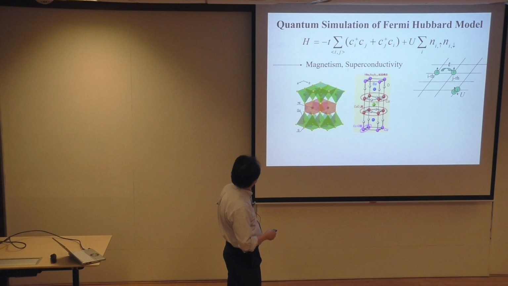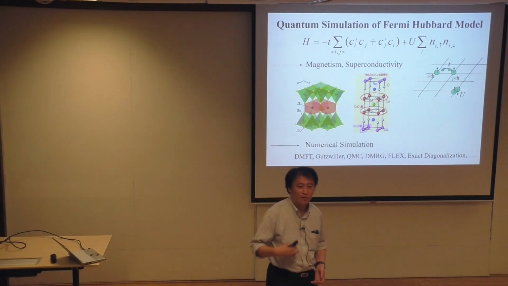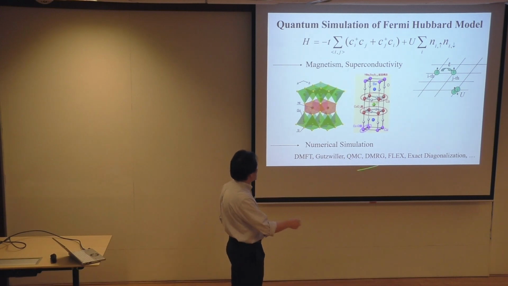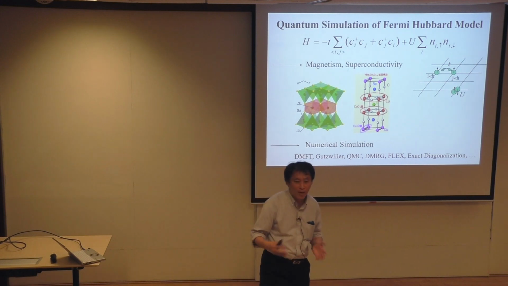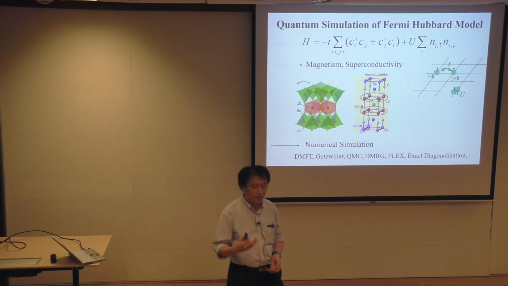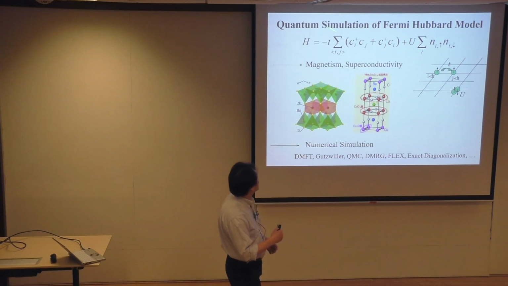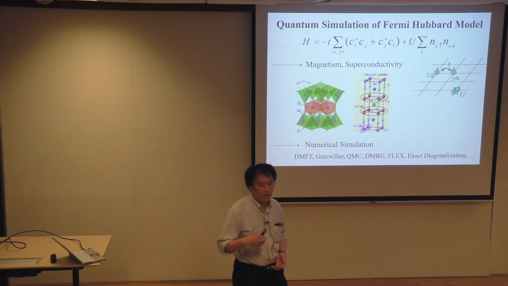For this problem, various numerical simulation methods have been developed like this. Some methods are useful for particular problems of the Fermi Hubbard model, but in general, they are not powerful enough for the study of the Fermi Hubbard model. Therefore, the quantum simulation approach to the Fermi Hubbard model is very important.